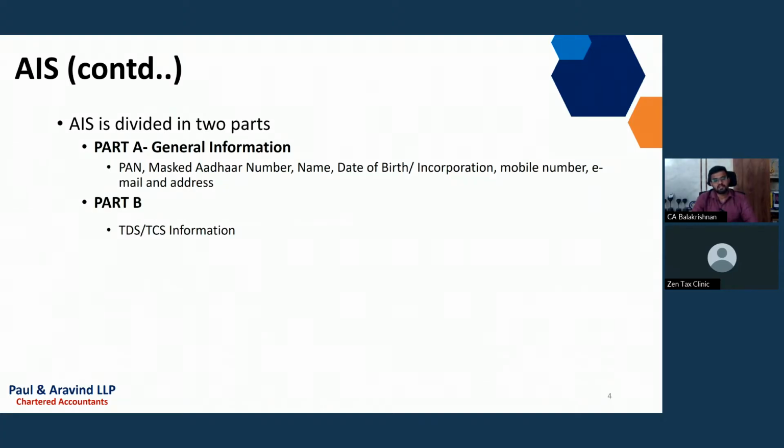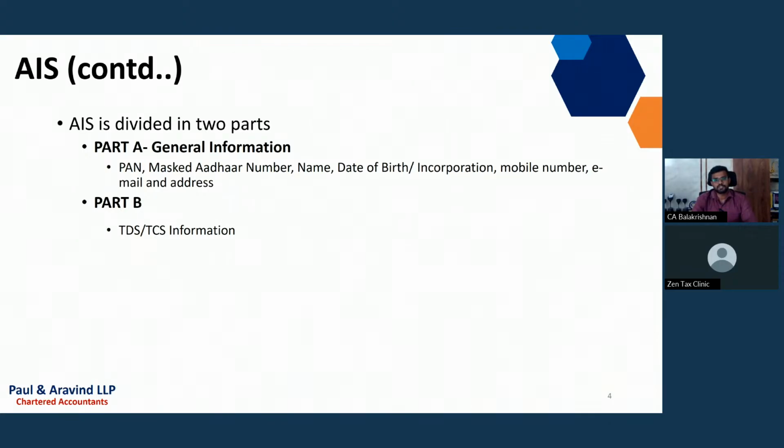Part B of the AIS contains all the relevant information available with the department. That is, reporting entities need to report all transactions to the income tax department, and they will be reflected in our AIS. First information is TDS and TCS related information.